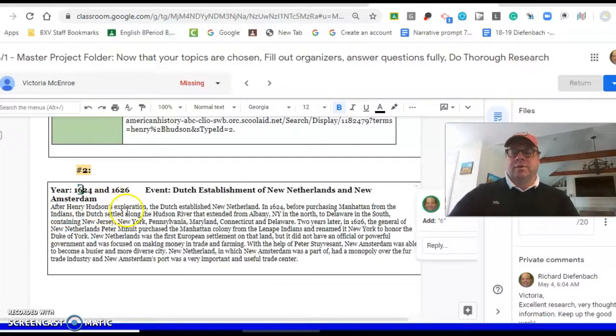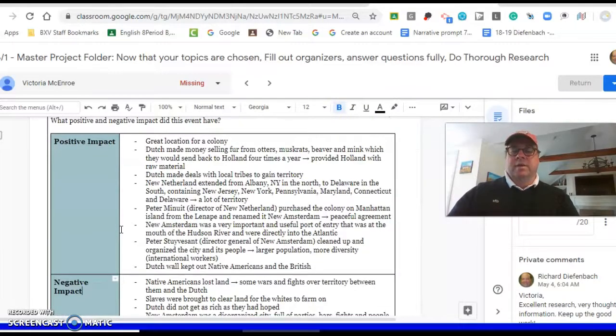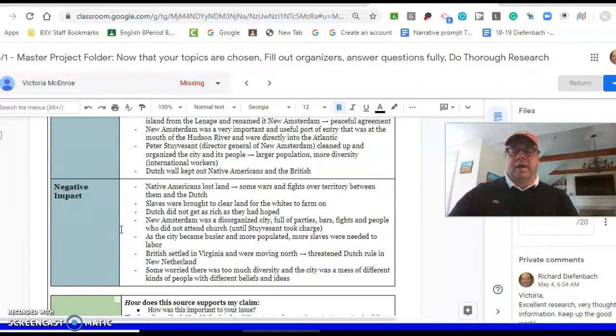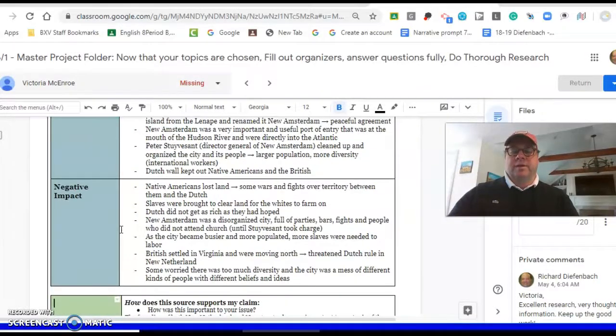So make sure that you're also inputting that information here. She left out a number, so I just went back and fixed it. But in the positive impact and negative impact, she has clearly delineated and put really good information here that helps support it. And then how does this support her claim? And she has more information there as well.